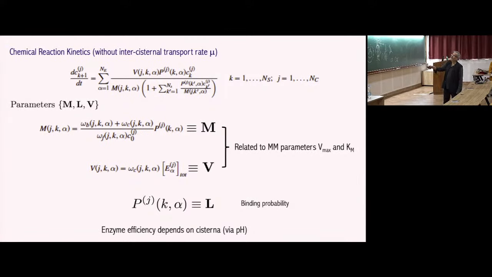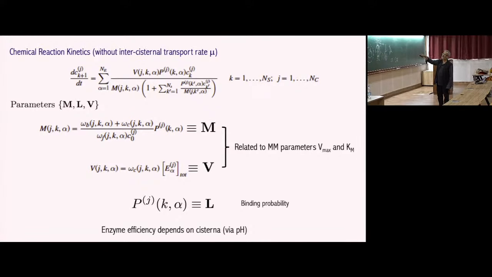And these terms, namely V, M, and P, okay, I'm going to rewrite in terms of this huge vector. Okay, M vector will stand for this quantity. Okay, this is the backward rate, the catalysis rate, the forward rate, which depends on all these indices. The index representing the chemical reaction is K, J is the index representing the cisterna, alpha is representing the enzyme.